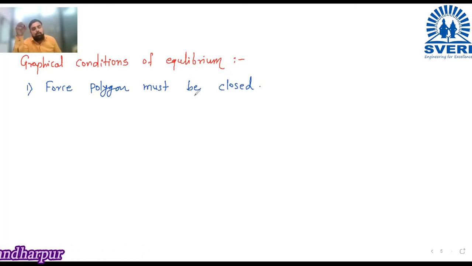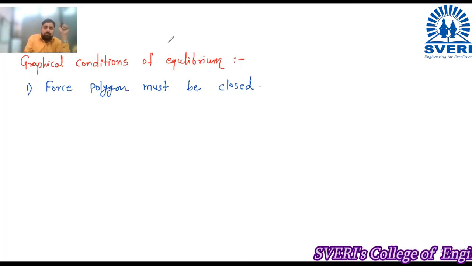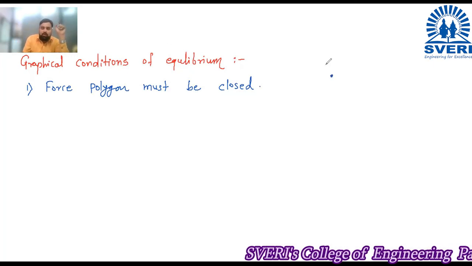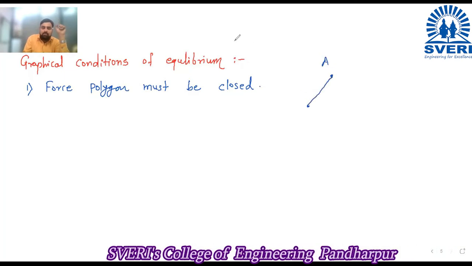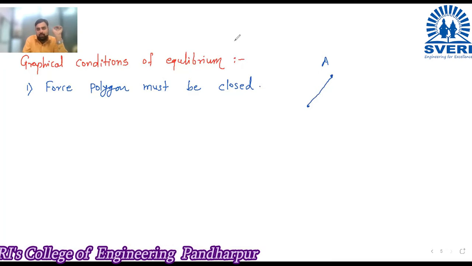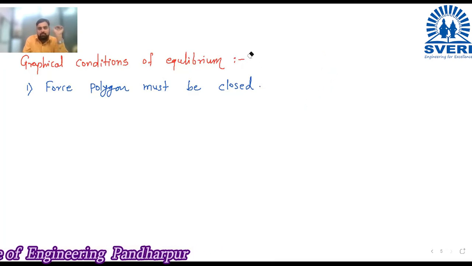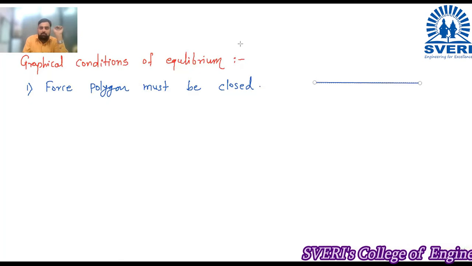Okay, the force polygon must be closed. It means that our polygon, hexagon, pentagon, whatever we draw, should be closed. Closed means, suppose I start with point A, then I go to point B. Now I will show it with a proper example so that you will understand this. Suppose this is a surface, and on this surface a number of forces are acting.